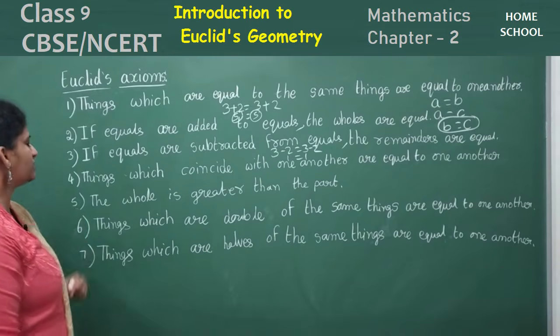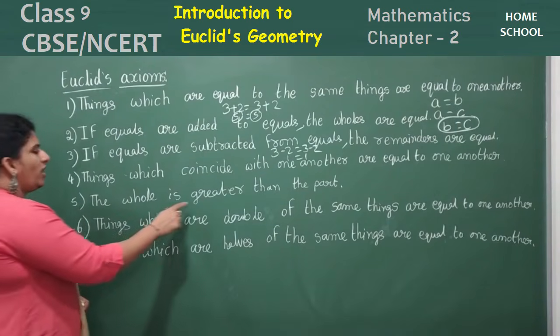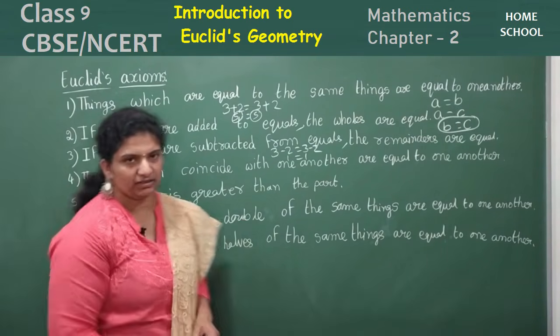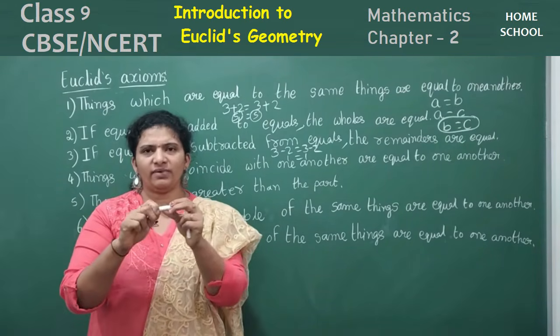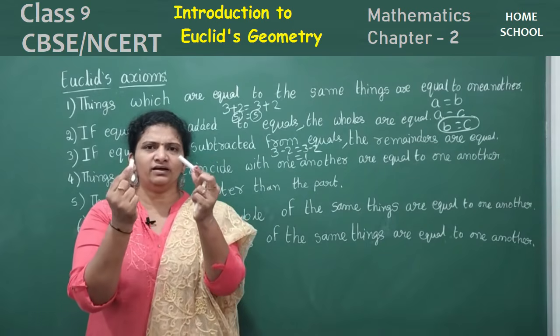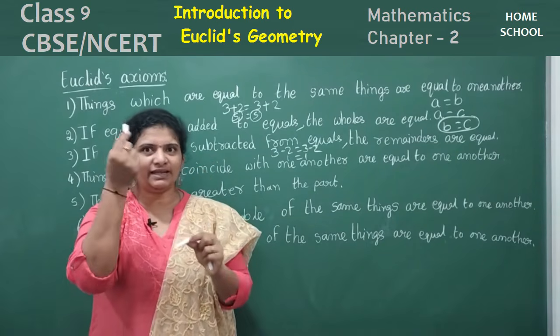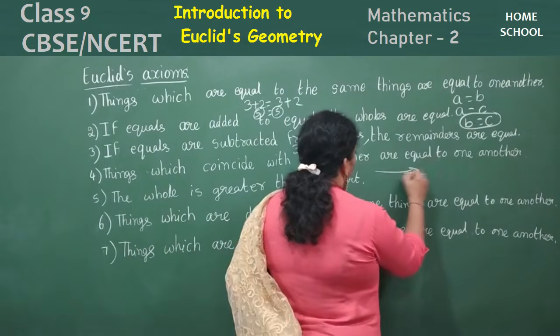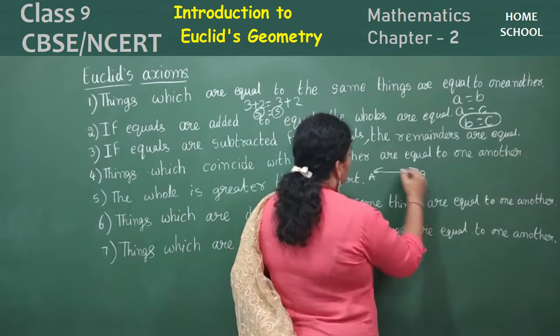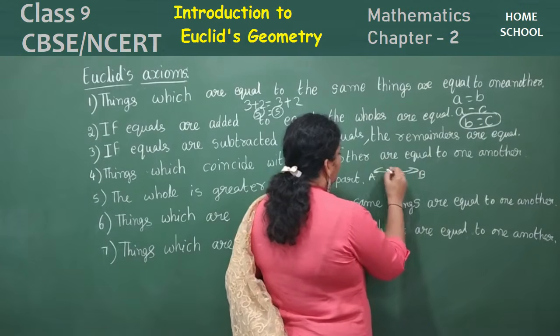If they are coinciding equally, then these two are equal to one another. So see the next one, fifth one, the whole is greater than the part. So look here children, let us imagine this is a whole, right? If I break this, which is greater? Whole is always greater than the part. So now suppose you take a line here, A, B. I am going to make a part here.